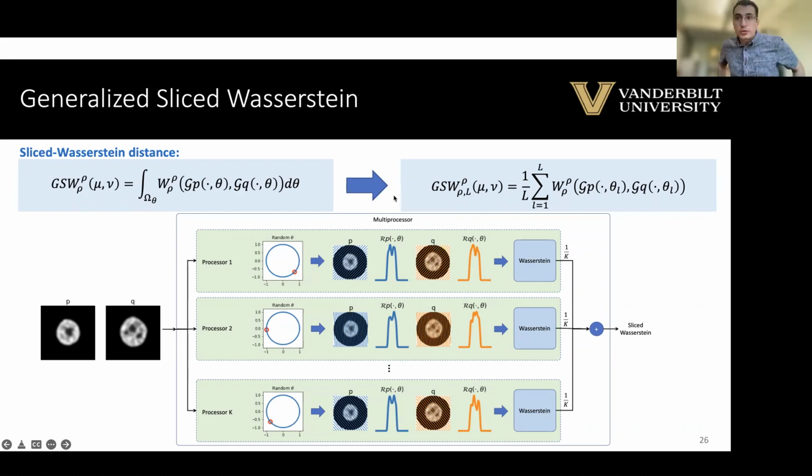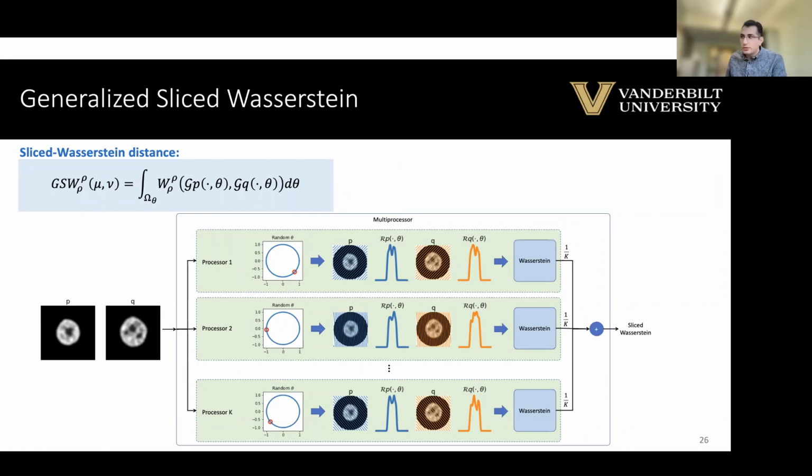Okay, so this is one very interesting way of calculating a transport-like distance, this sliced Wasserstein distance, for high-dimensional distributions. That's significantly cheaper to calculate compared to the original Wasserstein distance.